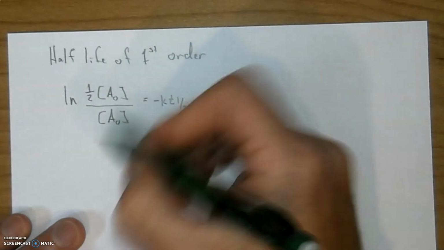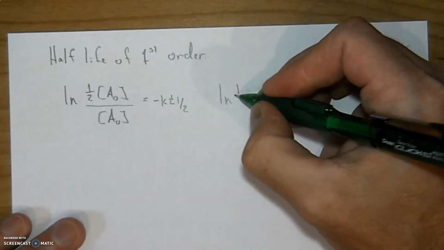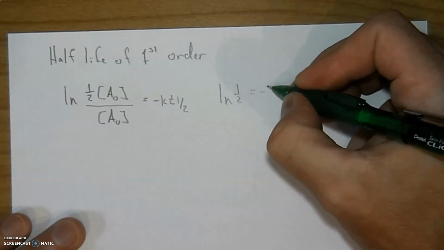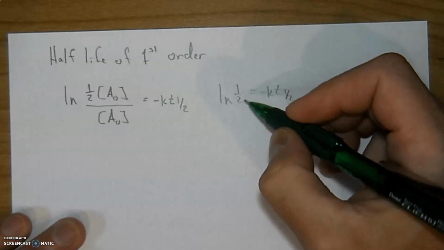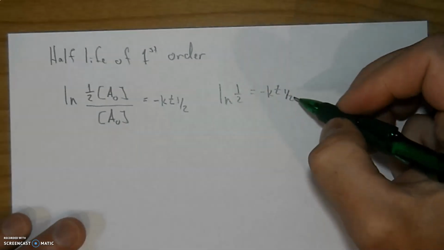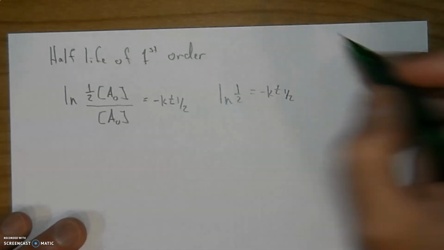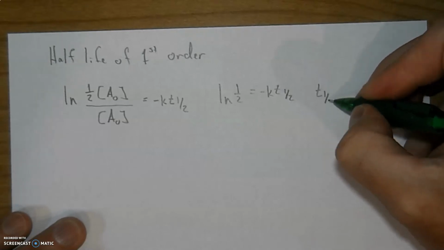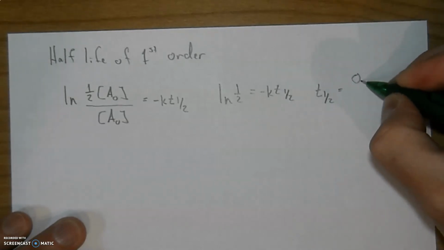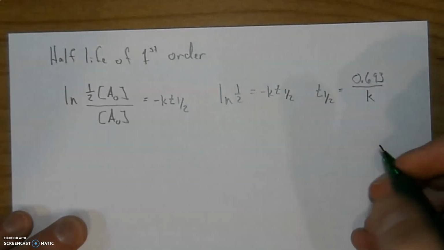Of course, these guys here would cancel out because it's the same, and you're left with the natural log of 1/2 equal to the same stuff that was already there. Then if I take the natural log of 1/2 and put things together, expressing it in terms of time, because I want half-life in time, I would have 0.693 over k. And the negative cancels out because it comes out in the math.